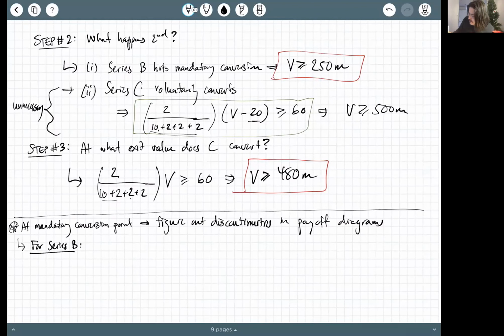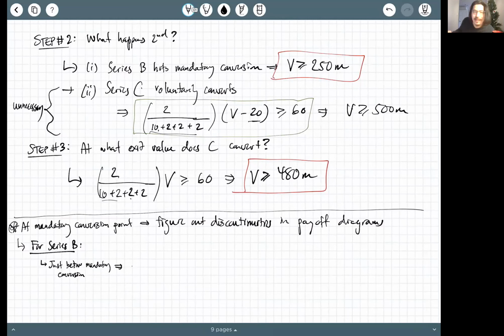So for Series B, just below mandatory conversion, what I mean is arbitrarily below 250. What level payoff would Series B get?